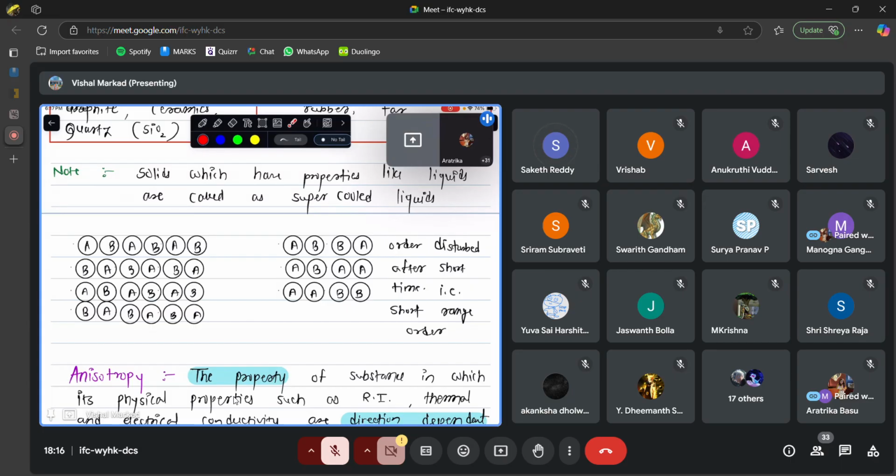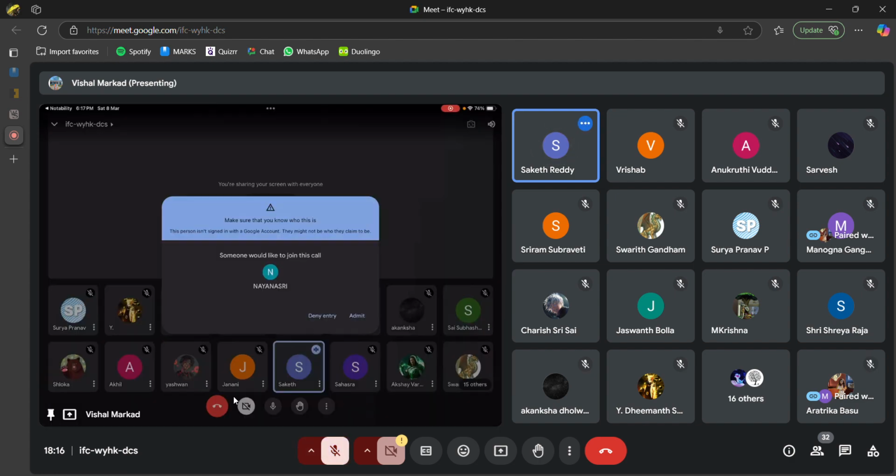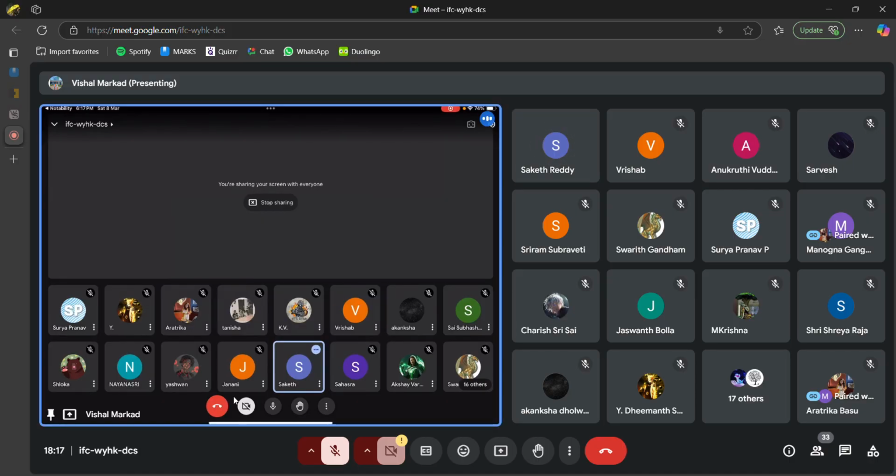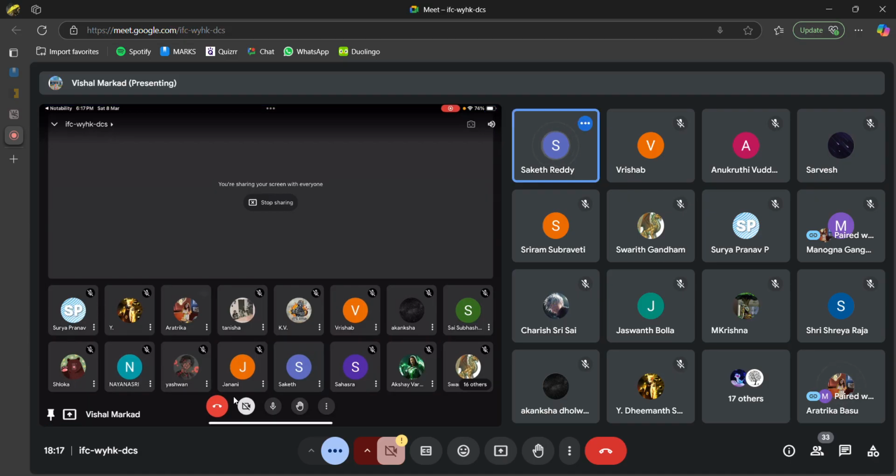Five. Can you tell me again what they are? Sir, the first is shape, melting point, and then heat of fusion, anisotropic or isotropic. I want the difference, means what is in crystalline and what is in amorphous. So in crystalline, they have regular shape and amorphous have irregular shape.